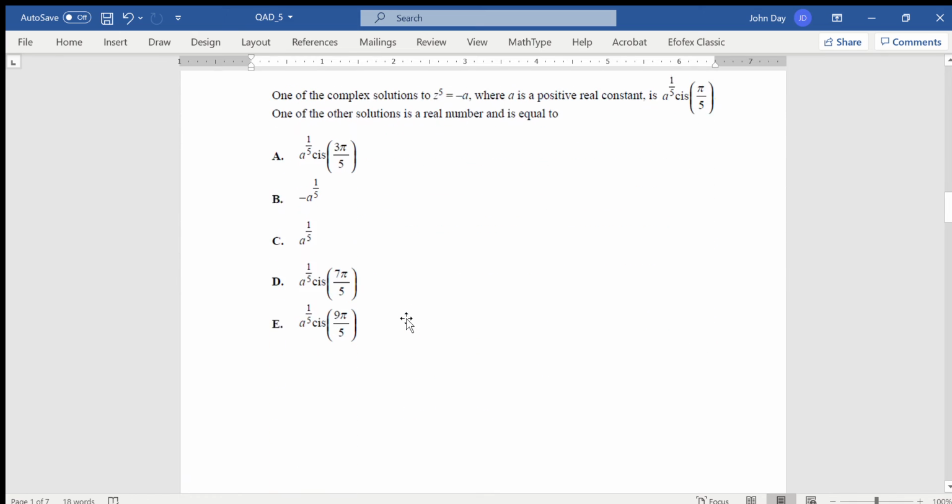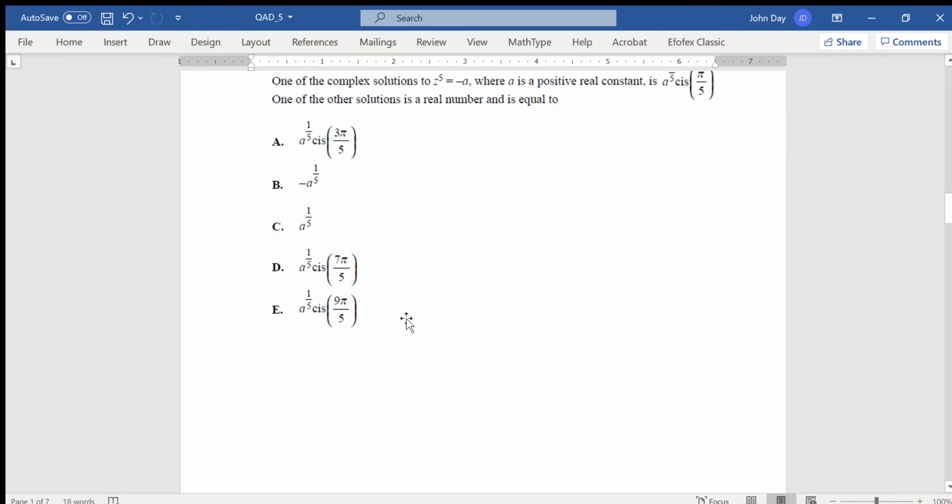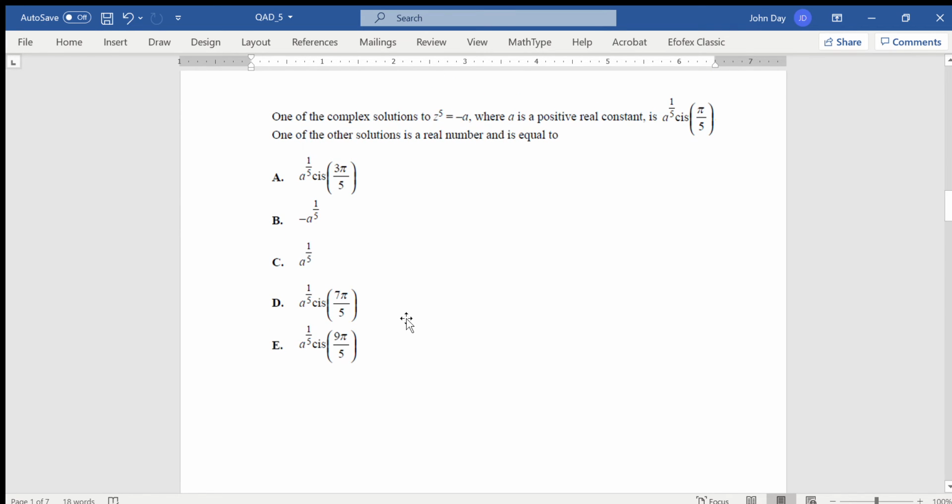One of the complex solutions to z to the 5 equals negative a, where a is a positive real constant, is a to the 5th cis pi on 5. One of the other solutions is a real number and is equal to, well, we know that all the roots are going to spread evenly around the complex plane, which is 360 degrees or 2 pi.